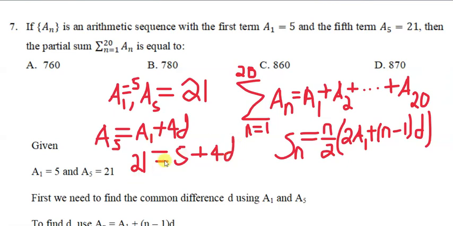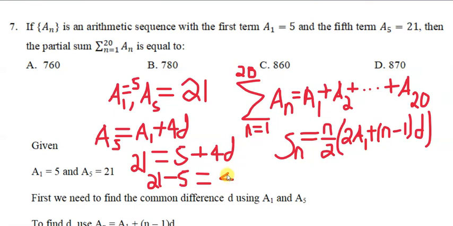And then collect the numbers on one side. Let us collect the numbers on the left side. Here 21. Then if we move 5 to the left, it becomes minus 5, since it is positive on the right, and this is equal to 4d only.